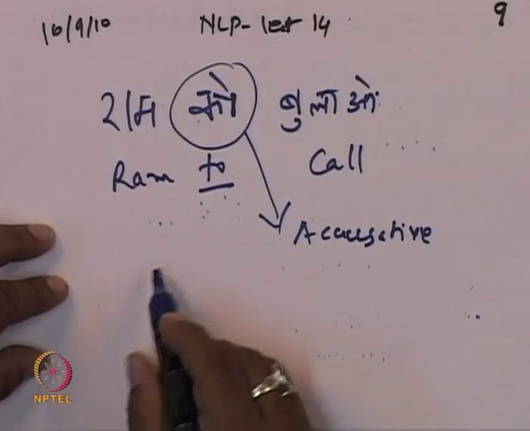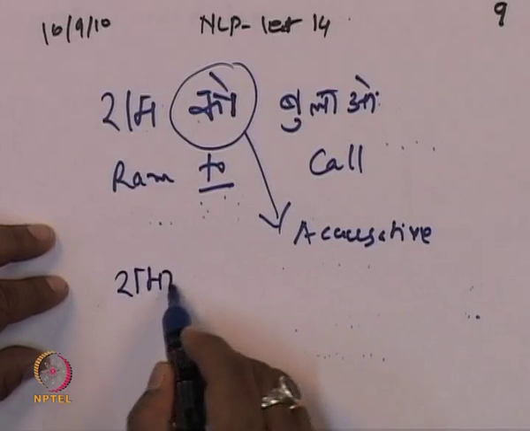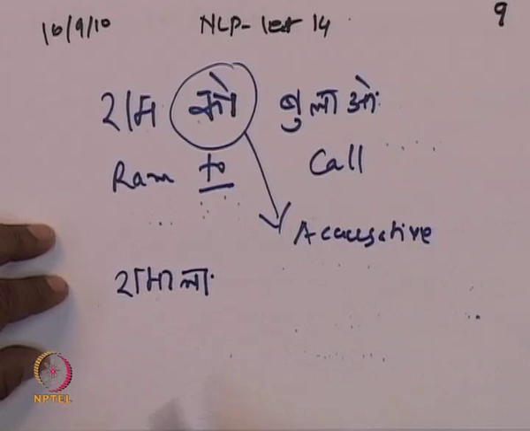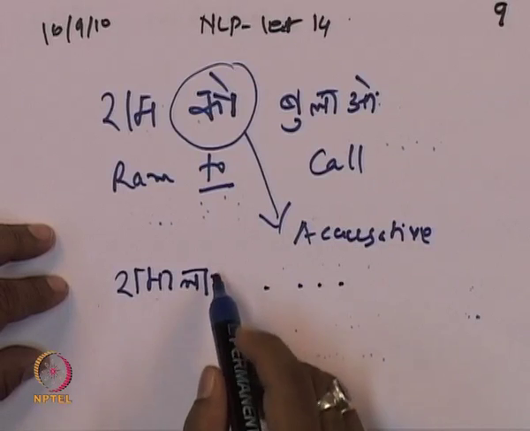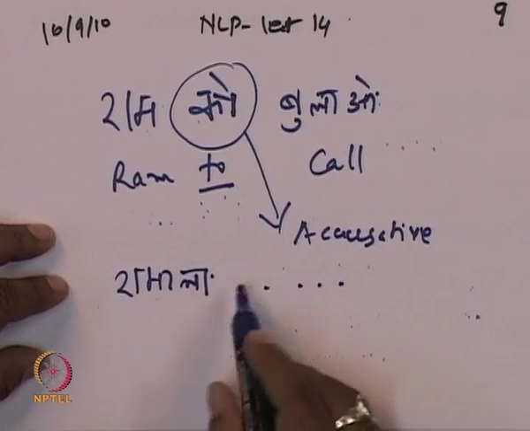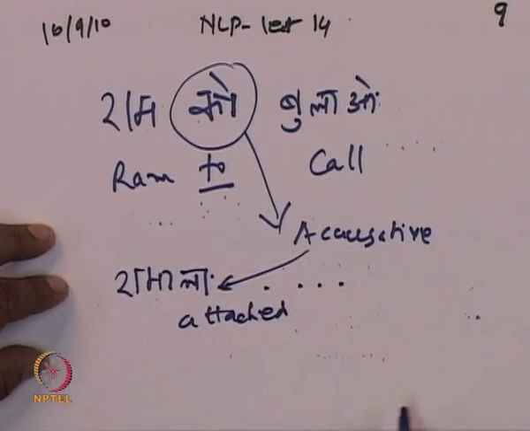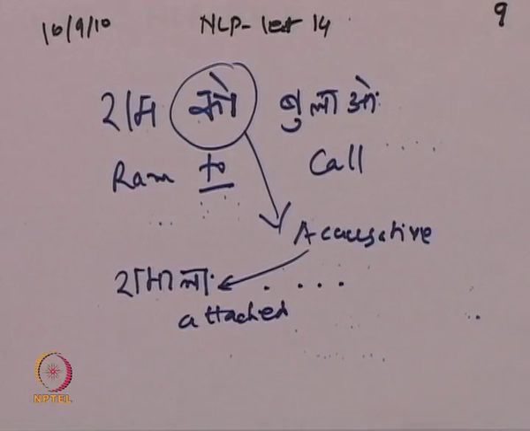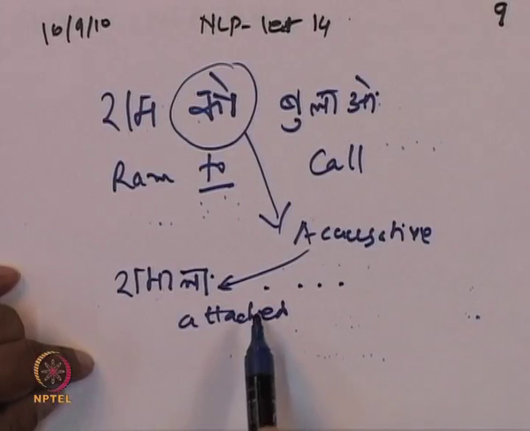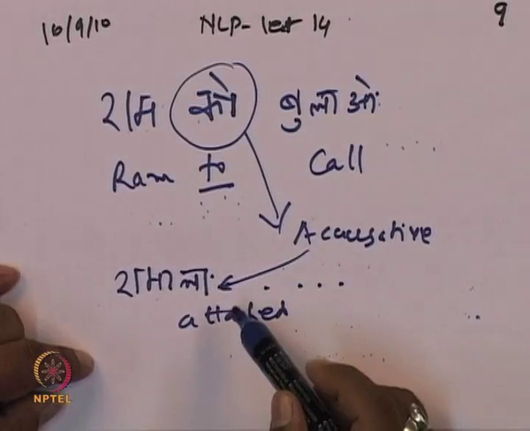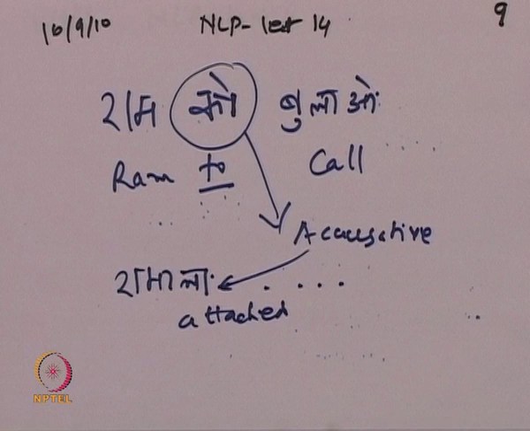But in Marathi, this will be Rama la, etc. And this accusative vibhakti is attached. So, this means that the case marker in Marathi is attached to the word itself.